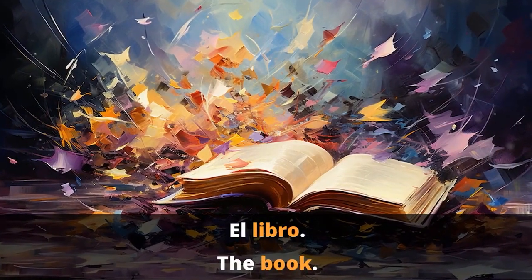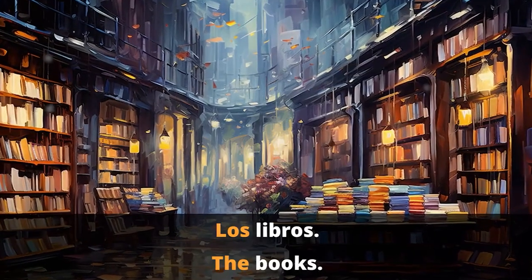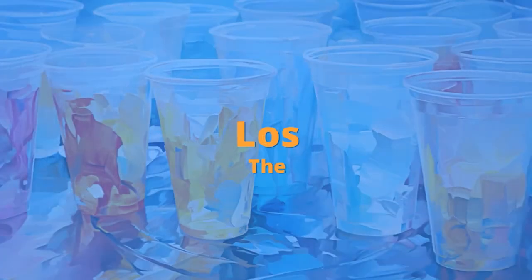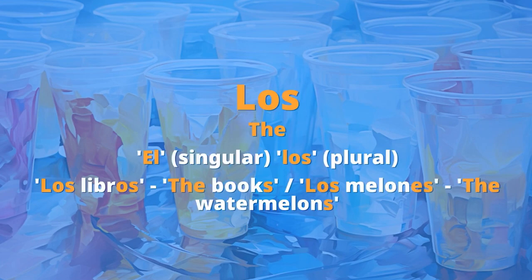El libro. Los libros. Los means the. It's the masculine plural definite article. Spanish uses definite articles like los much more frequently than English. Remember, while you simply have to add an s to la to make it plural, the masculine el turns into los when it accompanies a plural noun, like los libros, the books, or los melones, the watermelons.